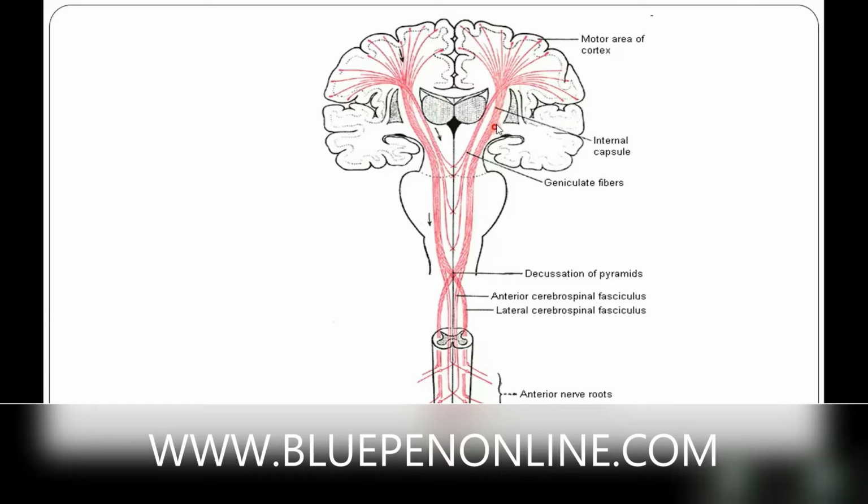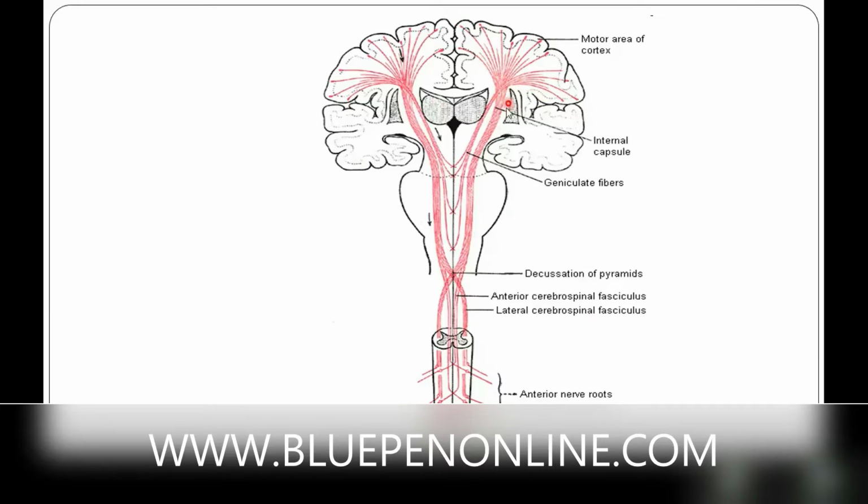They pass through the internal capsule. And where is the internal capsule seen? The internal capsule is between the caudate and the lentiform nuclei, that is, between the caudate and the putamen, or the globus pallidus.